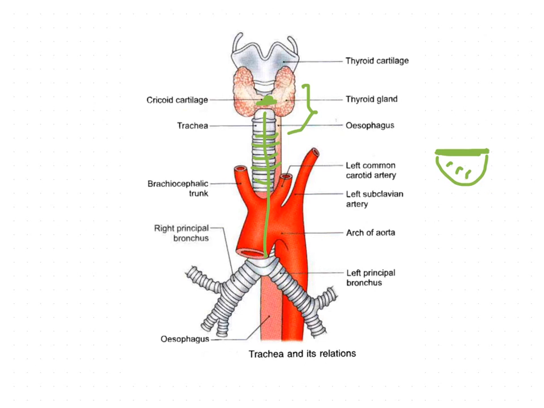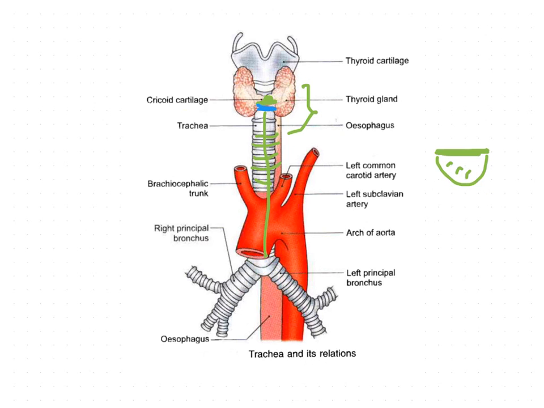That is also related anteriorly in the cervical part of the trachea. And below the isthmus, you can find some inferior thyroid veins. And also the brachiocephalic artery.